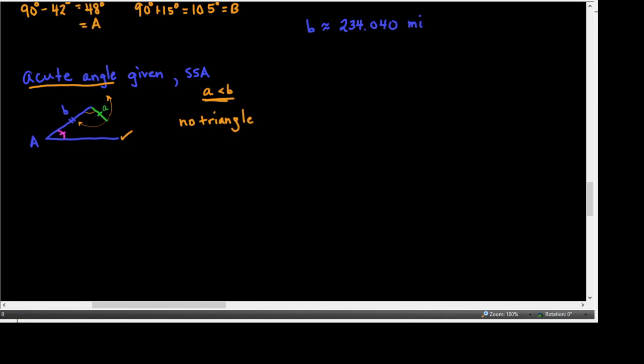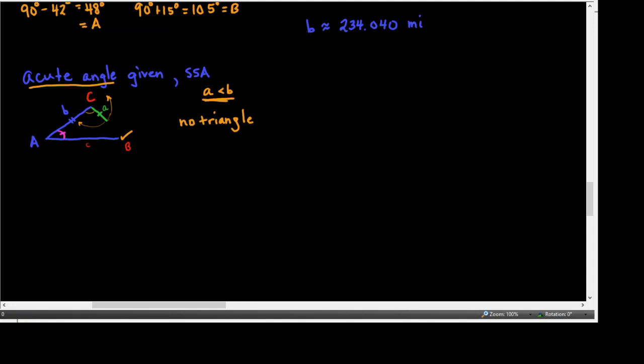Let me call this, so that's side B, angle B would be over here, right? So this would be angle C. So this would be side C. So if side A is too short to touch side C, we have no triangle.